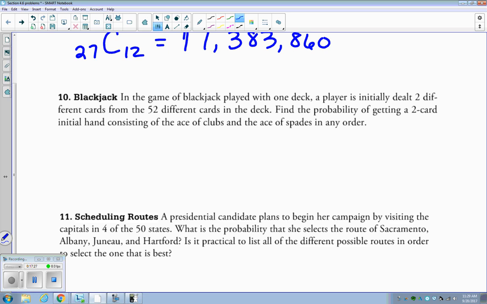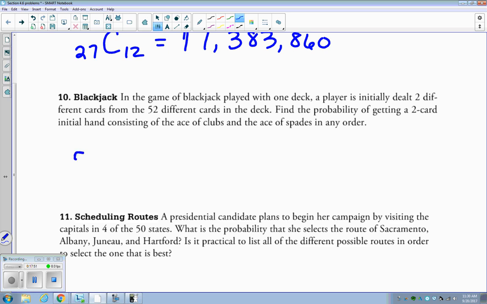But the confusing part of it is, it doesn't matter what order I receive the cards, it counts the same in the game, but to get the number of possible ways, I have to say it does matter to get my count. And I know that's very confusing, but that's why I wanted to put that problem up there. So in essence, it really is a permutation.